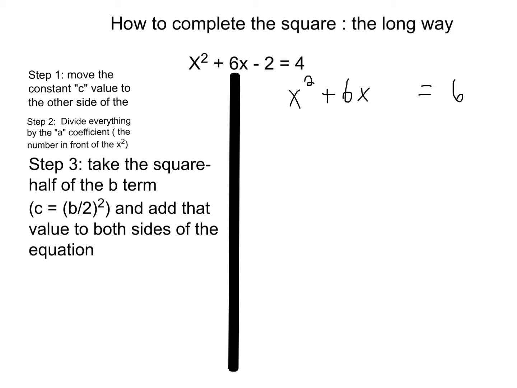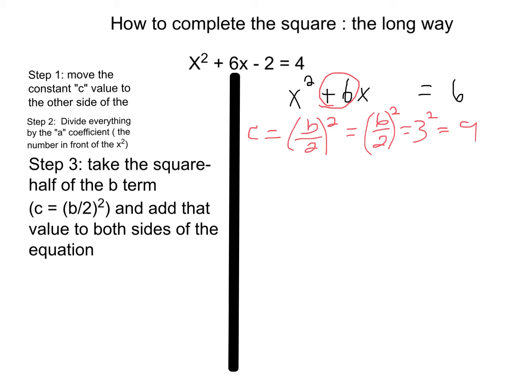Step 3, take the square half of the b term. Our new c will be b divided by 2 squared, and add that value to both sides of the equation. Now this is the most confusing part of completing the square. We take our b value, that's this guy right here. So our new c value will equal b divided by 2 squared, or in this case 6 divided by 2 squared, or 3 squared, which is 9.